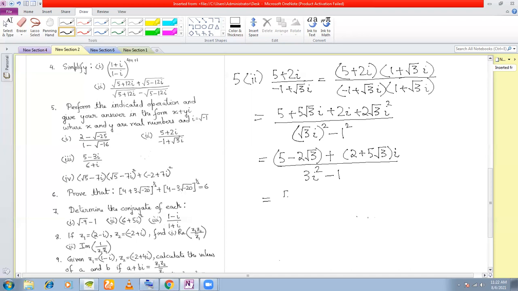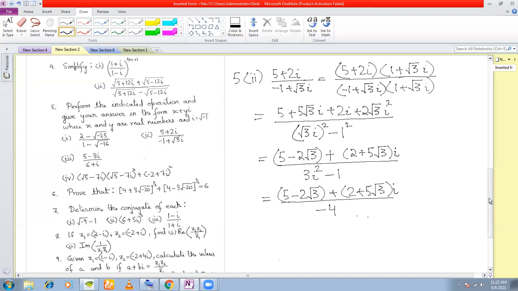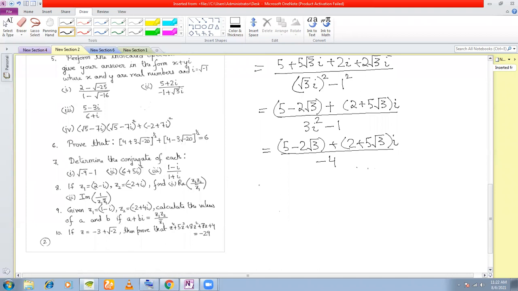So now this is 5 minus 2 root 3 plus 2 plus 5 root 3 i. If you put i square is equal to minus 1, you get minus 3. So minus 3 minus 1 becomes minus 4. Now you separate the real and imaginary parts.